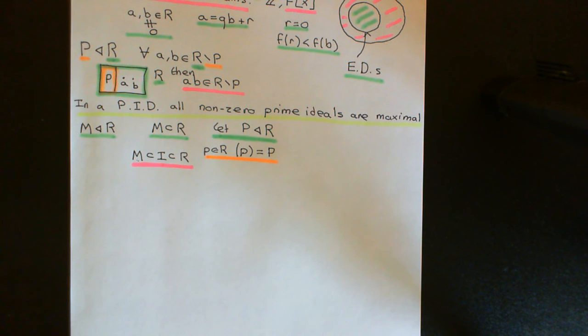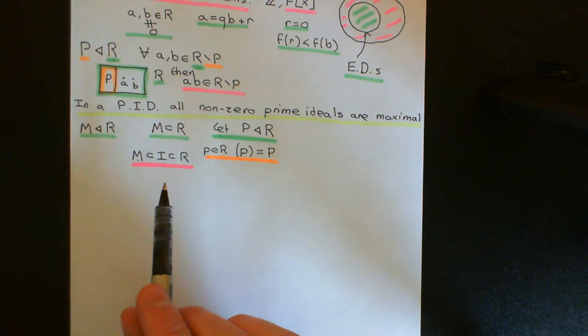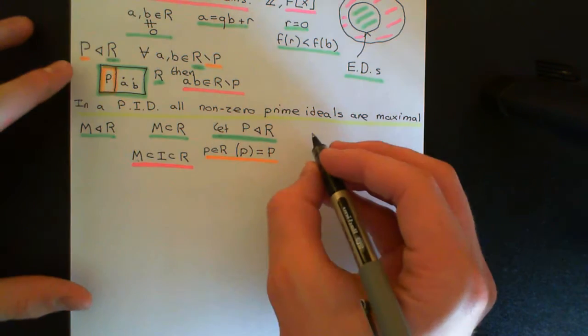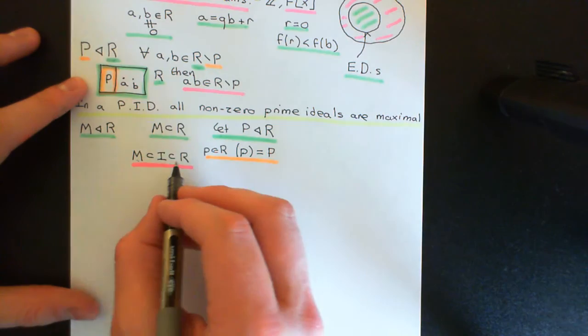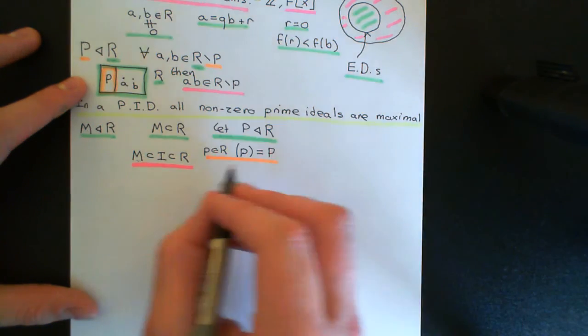Now what we want to show is that there cannot exist another ideal that is properly in between the two. So let's assume that we have some other ideal that is in between the two. I won't say it's properly in between the two. It's in between the two.